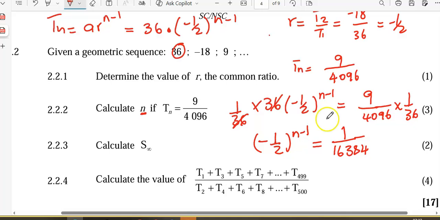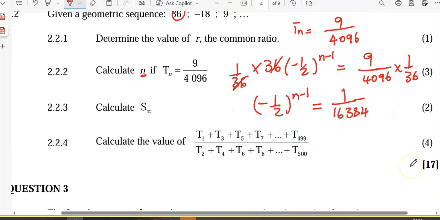Nice. So now, when you have a problem like this, you know what you have to do? You can solve this using the logs, but the best way to do this is to make sure that the bases are the same. You understand? So I need you to take this 16,384. Punch it on your calculator. When you are done, punch the equal sign.